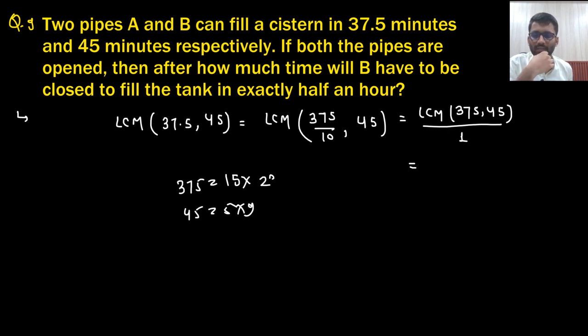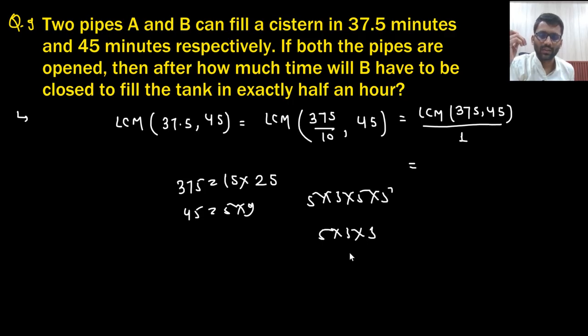Wait a second. If I divide it by 15, what do I get? I get 25. So 5 into 3 into 5 into 5, and here it is 5 into 3 into 3.